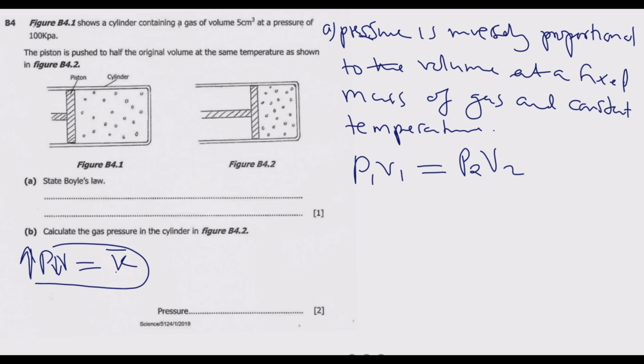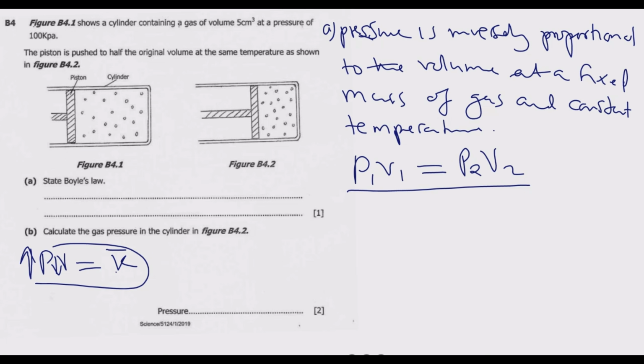Then these two give us this combined principle, where if we change pressure from pressure 1 to pressure 2, then we also need to change volume in such a way that pressure 1 multiplied by volume 1 is equal to pressure 2 multiplied by volume 2.